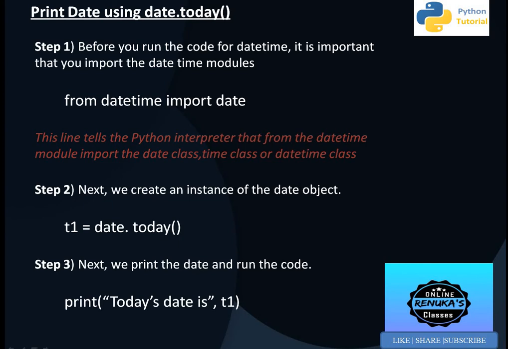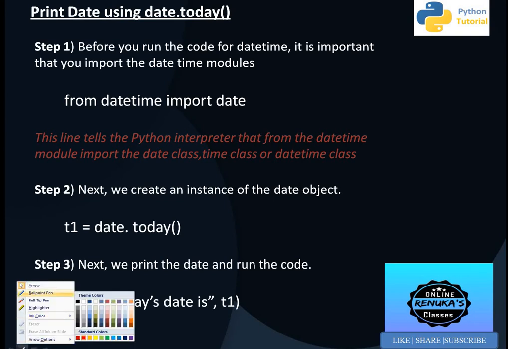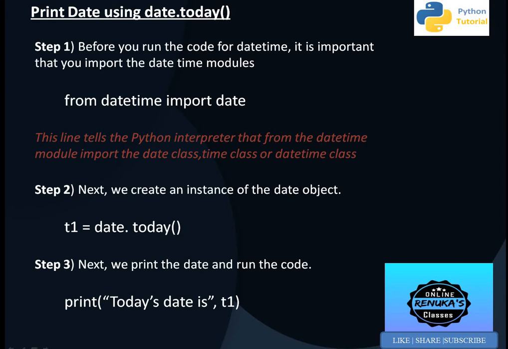If you can recall from the module session, there are two methods to import any module, and this is the second one. The complete module is datetime, but we only want to import date. So: from datetime import date. This means from datetime we have imported only the date portion.